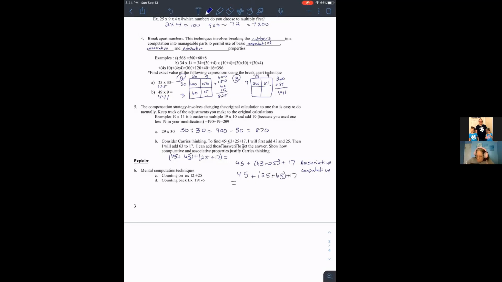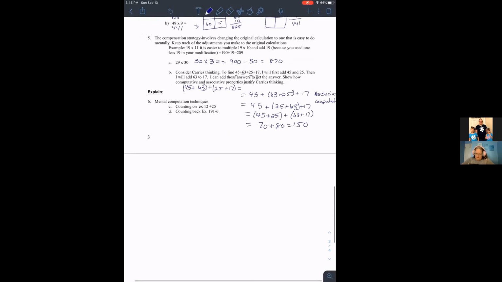That's going to equal 45 plus 25 plus 63 plus 17. That would equal 70 plus 80 equals 150.